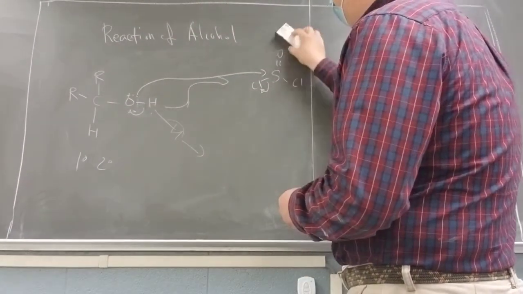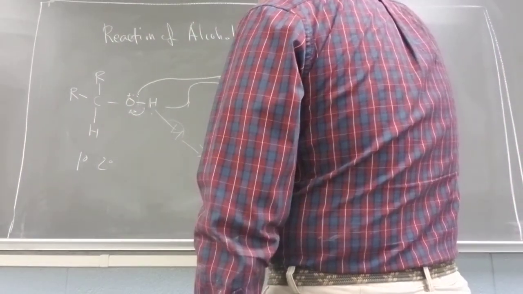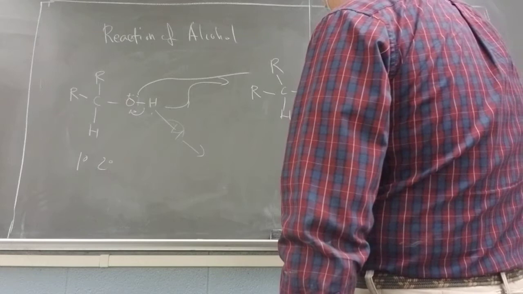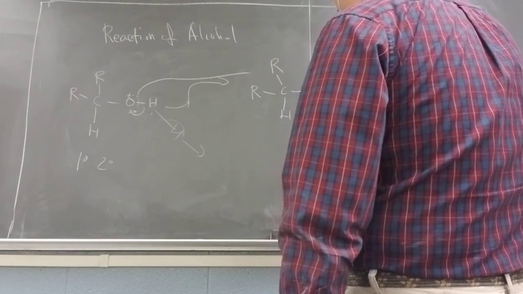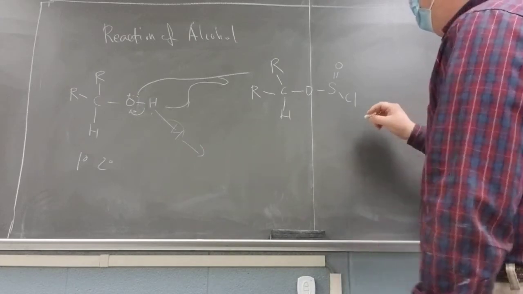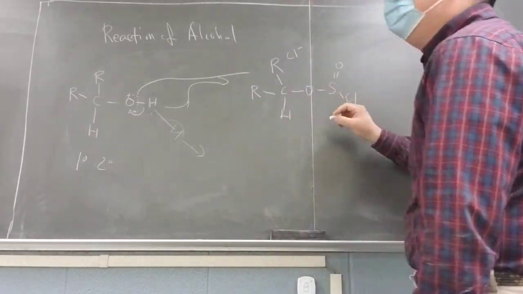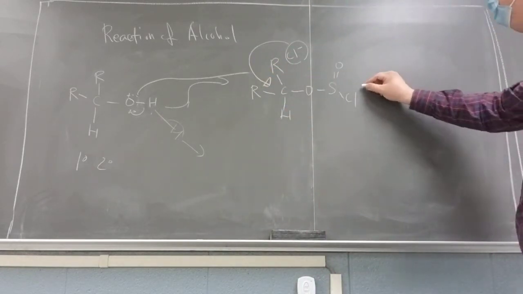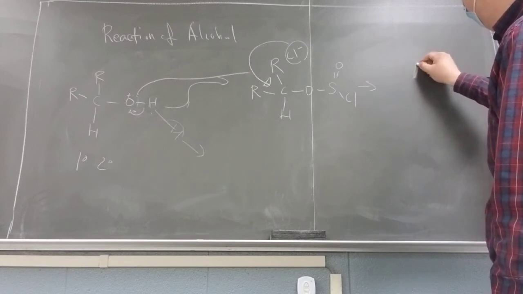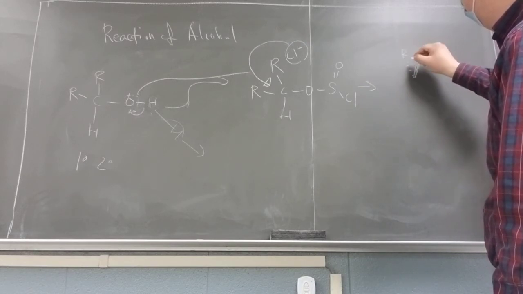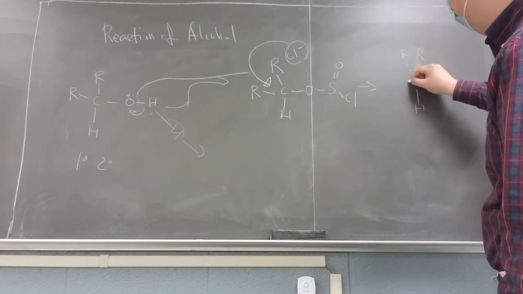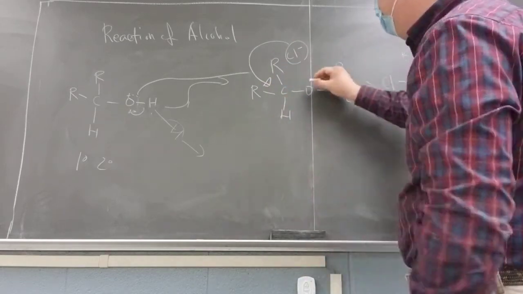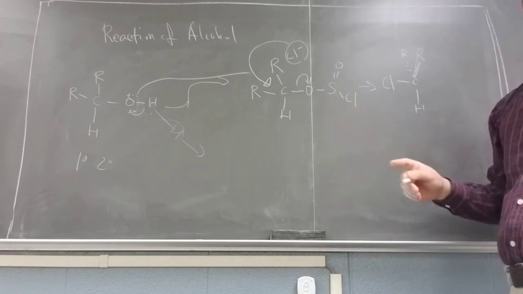Eventually it forms this intermediate, and then this chloro group is going to come in from the back side. It goes to the back side, and once it hits, it's happening at the same time, and now this leaves.